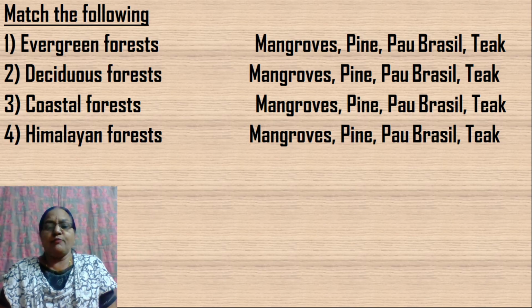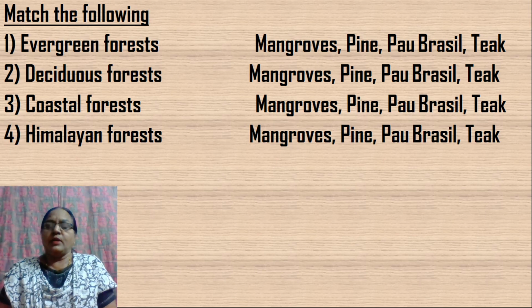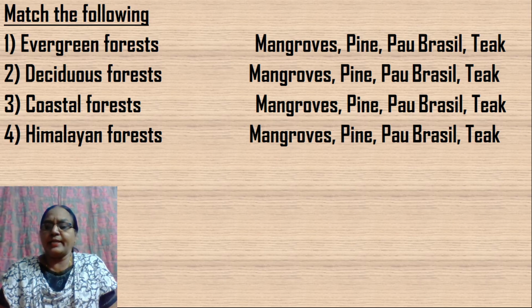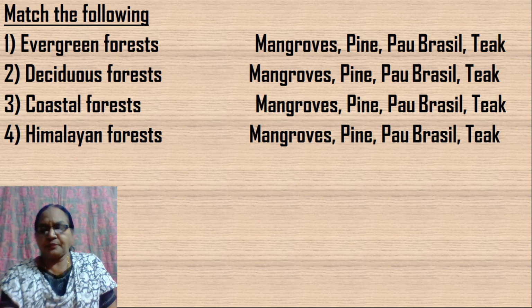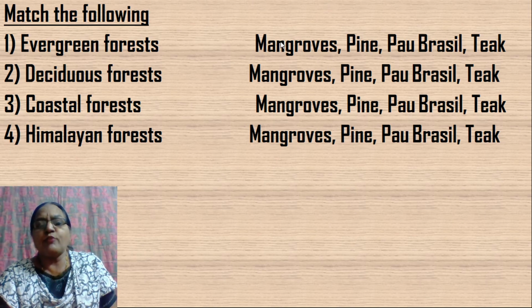We have evergreen forest. We have got four options here. You're going to choose the correct answer, and you're going to tick the correct one. So evergreen forest: we have mangroves, pine, pau Brazil, and teak. Which is the correct answer? The correct answer is pau Brazil.